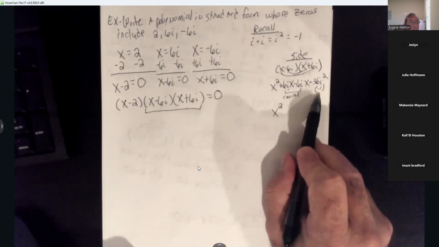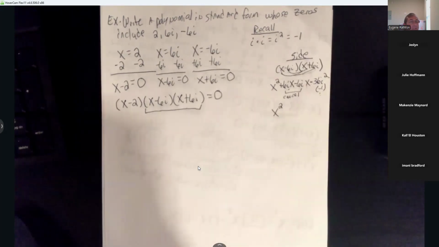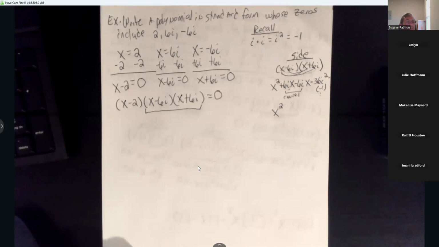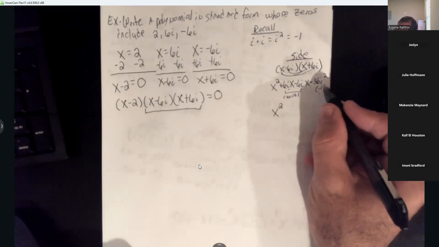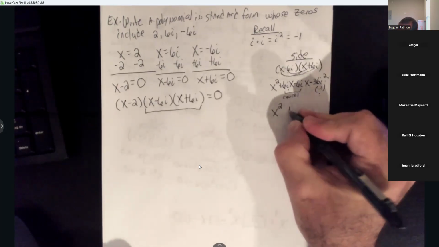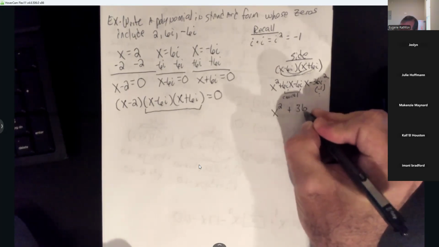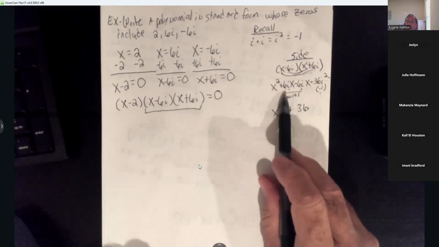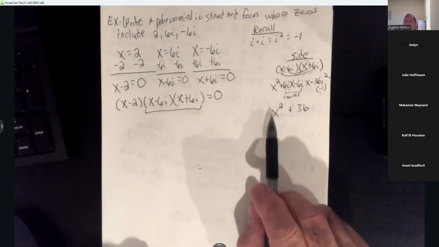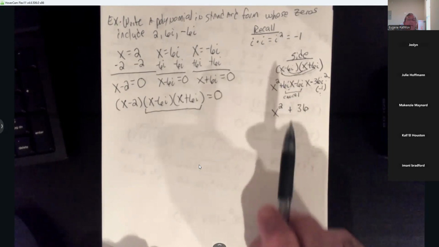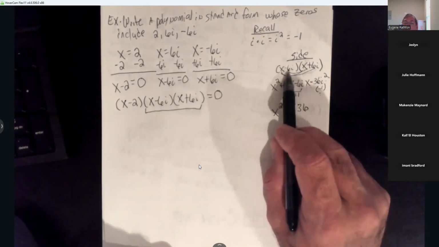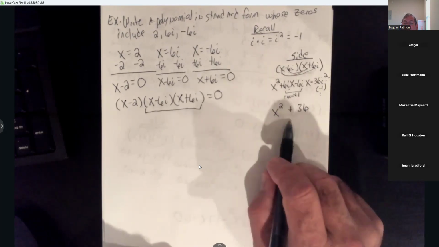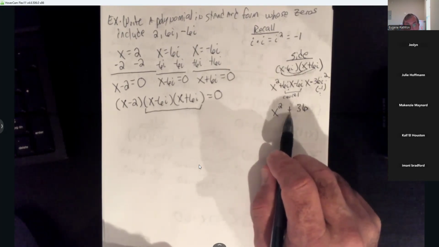So what's that -1 going to do to that negative 36? It's going to make it positive. Good job. So this negative 36i squared became a positive 36. So y'all look here. The middle's canceled. So when we're done, we only got two terms. And y'all check this out. Anytime you multiply conjugate pairs of imaginary numbers, it ends up positive, okay?